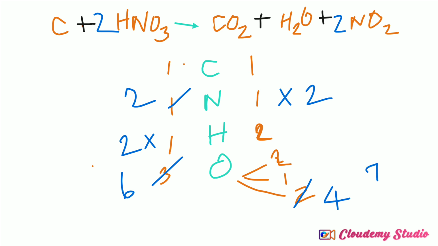Here it is 7 times, but the left hand side 6 times. So oxygen is not balanced. Now if we try by this method, it takes much time to balance. Therefore, we need to go by another method.